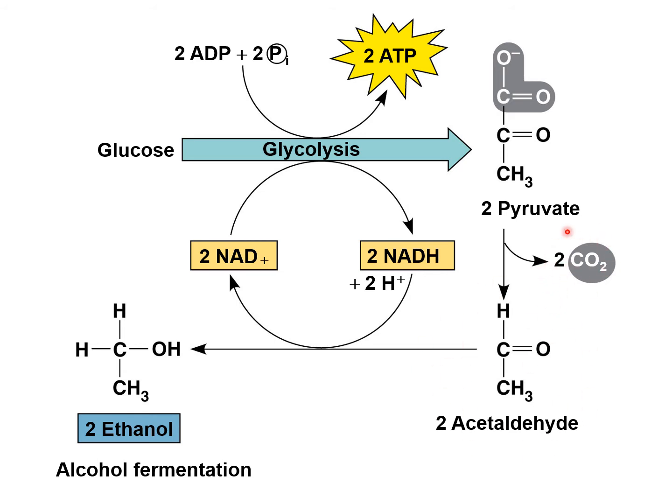And we're going to create some CO2 with that, and then that NADH is going to reduce that acetaldehyde into ethanol. So that's ethanol fermentation. It's a 2-step process. We make a little bit of ATP here, and we're going to use that NADH to finalize our reduction of electrons to ethanol.